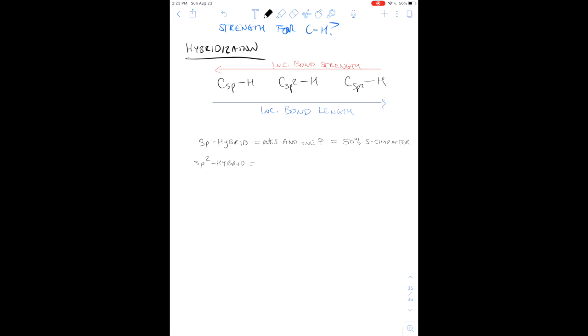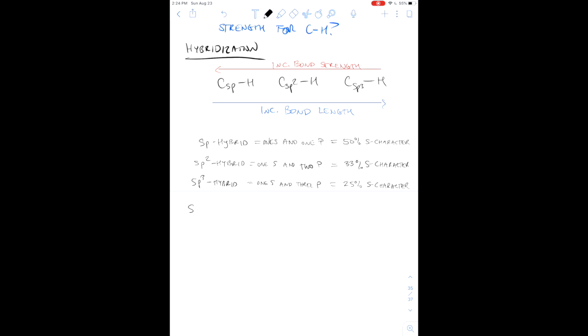An sp2 hybridized orbital is 1 s and 2 p orbitals. That means that 33% of that orbital is s character. And an sp3 hybridized orbital means that we have one s orbital and 3 p orbitals combining to make a hybridized sp3 orbital, and that's 25% s character.